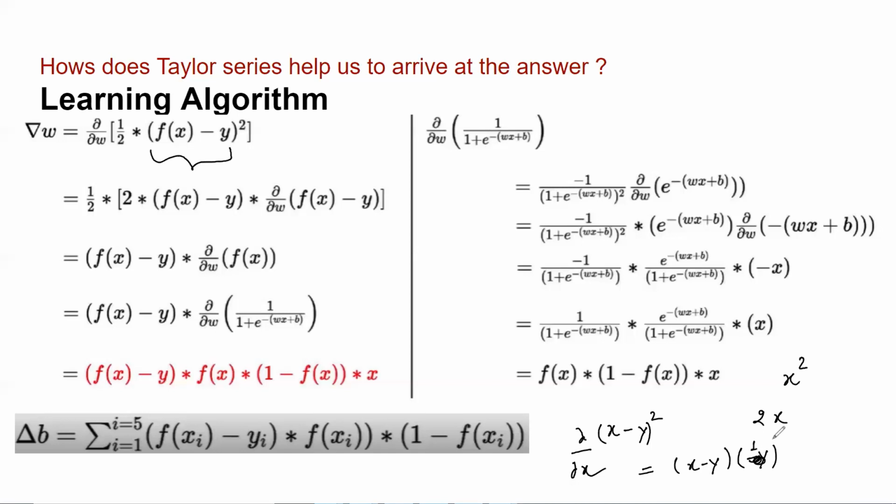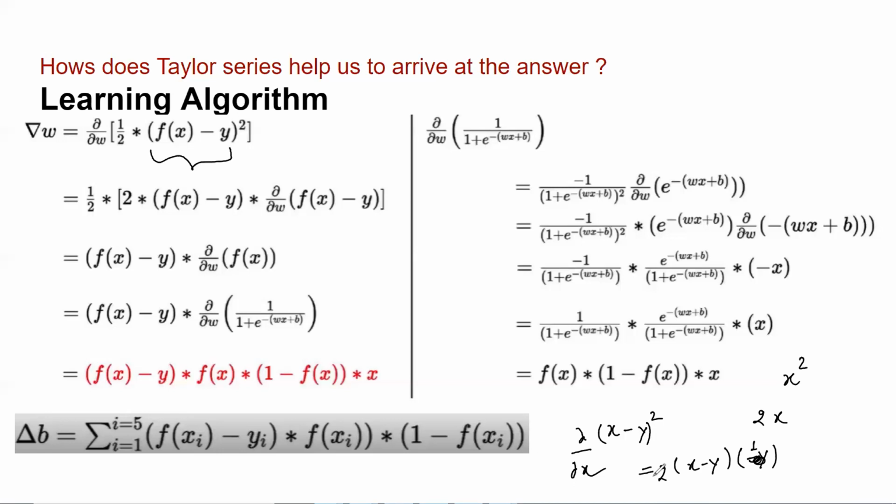Am I correct? Any math genius can confirm this? This is correct. The 2 is missing. Yeah, sorry, this 2 is missing. So that's the derivative of (x minus y) square? Yes. This is not a derivative of (x minus y) square. It is a partial derivative of (x minus y) square with respect to x, because we are treating y as constant.